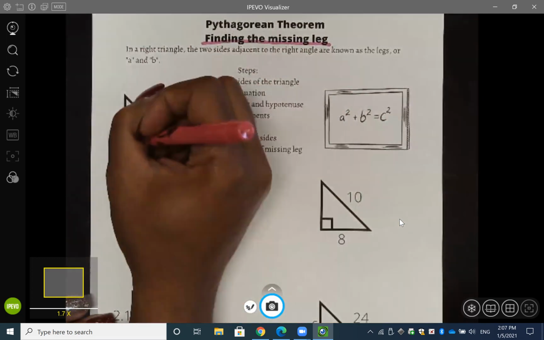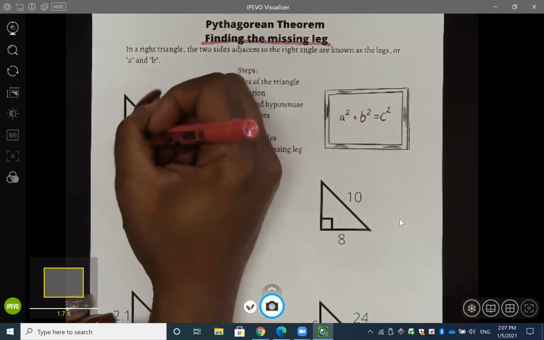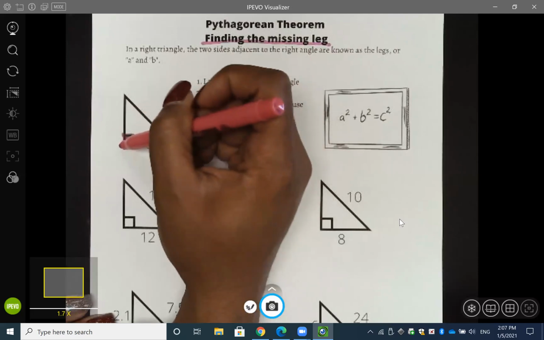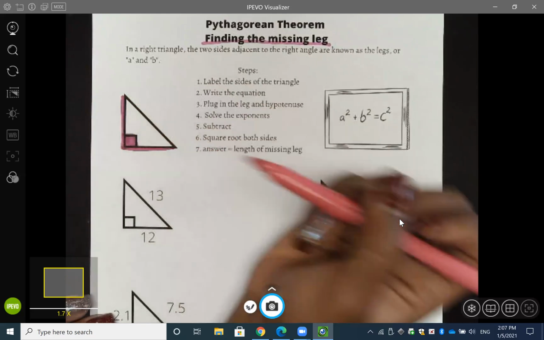So if this is your right angle, the two sides that are adjacent, meaning touching the right angle, I will follow those lines up, and those are my legs.